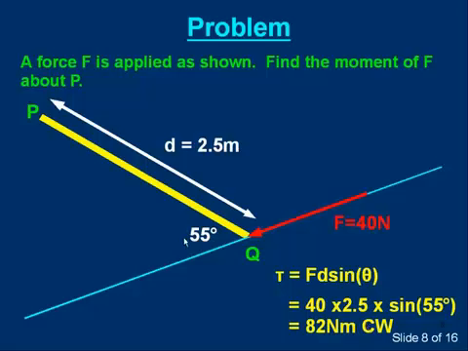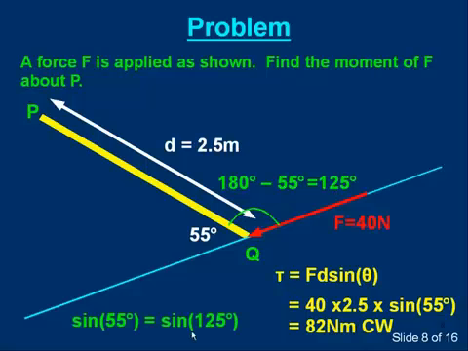Does it matter which angle we use? We could use this bigger angle here. Let me mark it in green. What happens? Well, how big is it? You ought to know that the angle marked in green is simply 180 minus 55, which is 125. If you don't already know, let me tell you, sine 55 is the same as sine 125.